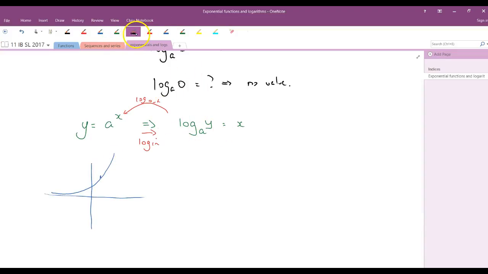If I now interchange x and y here, then I get log x is equal to y. So what I've now got is I've started with y equals a to the power of x, I've written it as a log, I've interchanged x and y, and I've got y as the subject.